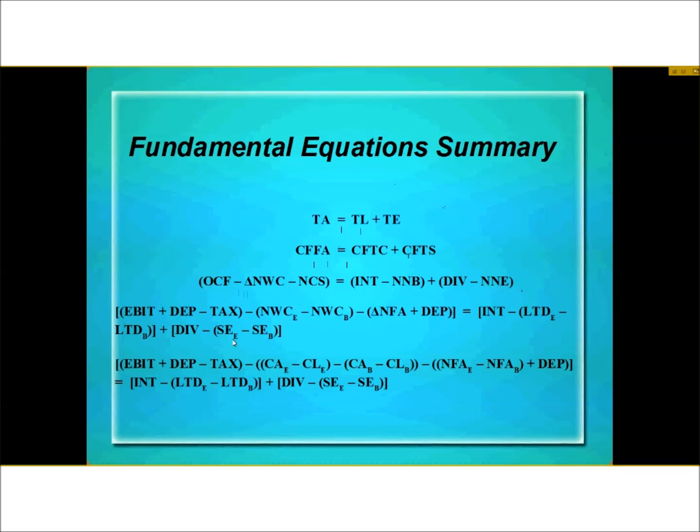This breaks down further into the equation that we actually used: EBIT plus depreciation minus tax, minus the changes in net working capital. You can take a look at this. It shows the breakdown of the ALOE equation from question number 2, the cash flows aspect of looking at the ALOE equation. Okay?